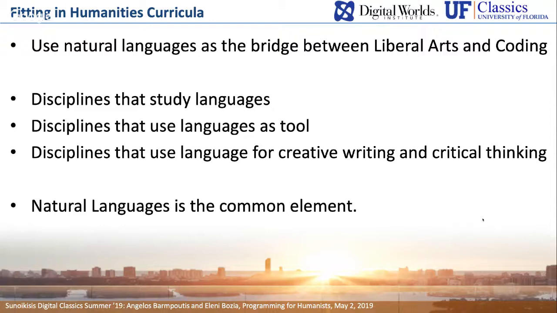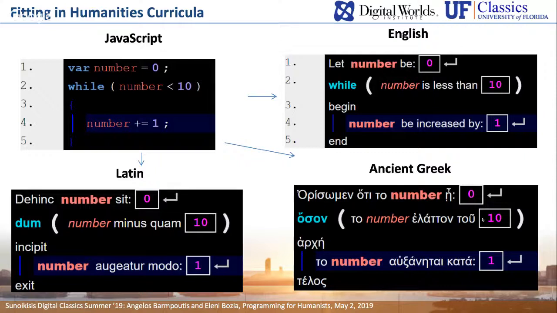So natural language is the common element. Therefore, it could be seen as the creativity tool for the humanities, and bringing a flexible tool like this into the classroom could facilitate its fitting into humanities curricula.